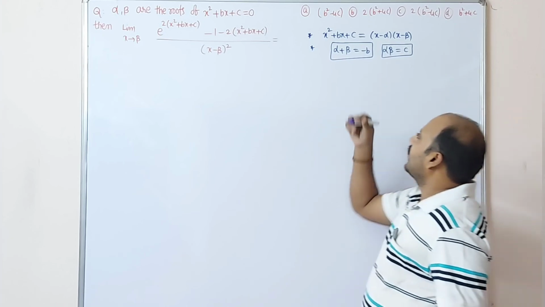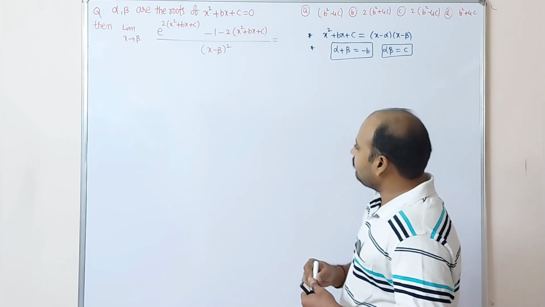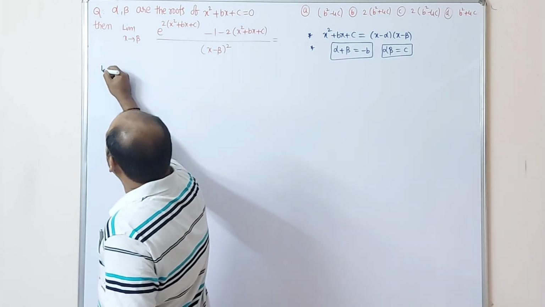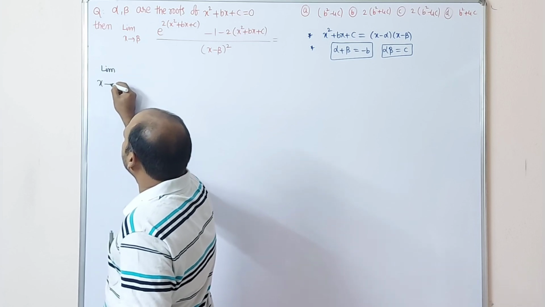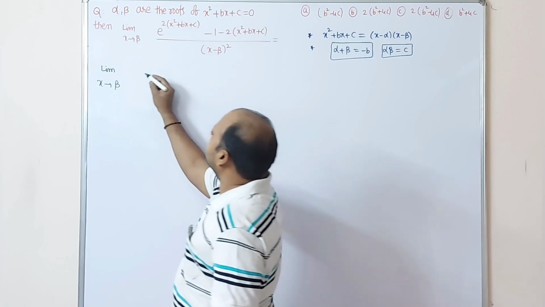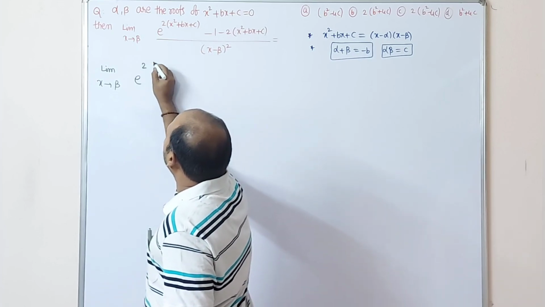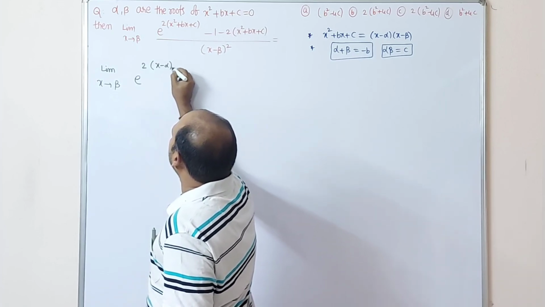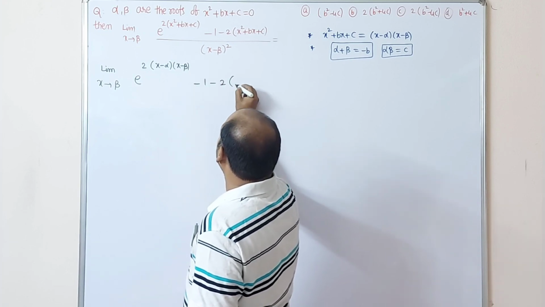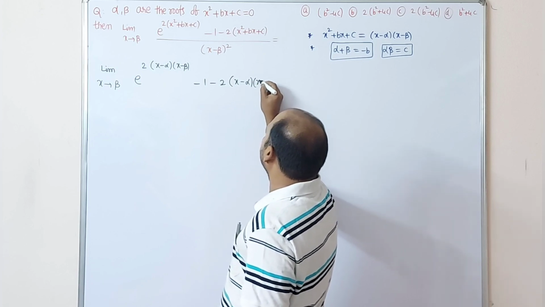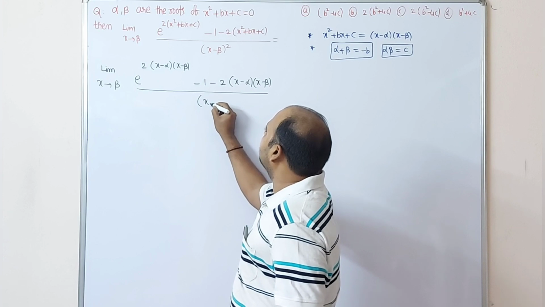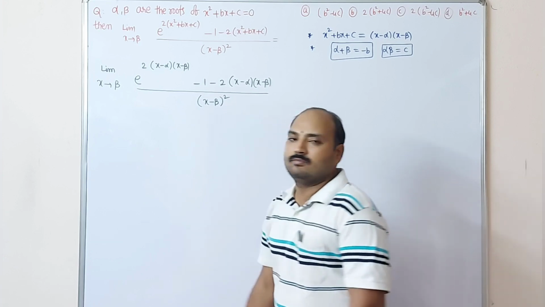Okay, yes students. Now, when you come to this limit, x tends to beta, x is equal to beta. If you substitute, this can be written as e power 2 into (x minus alpha)(x minus beta) minus 1 minus 2 into (x minus alpha)(x minus beta), divided by (x minus beta) whole square.